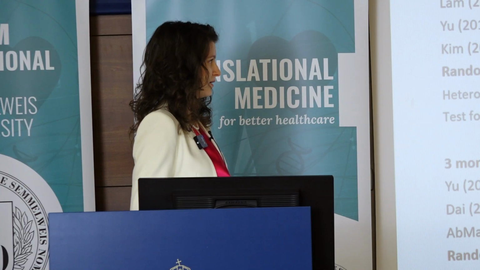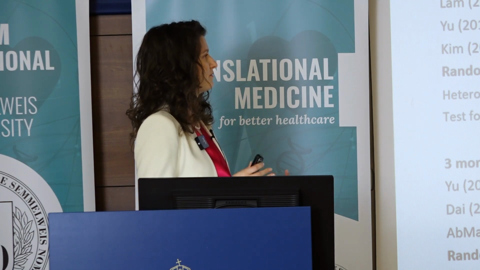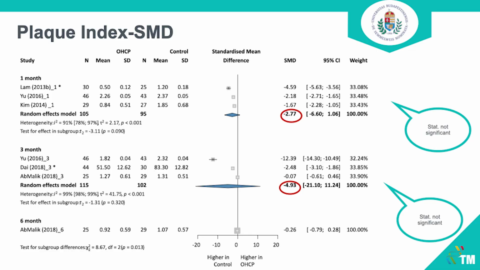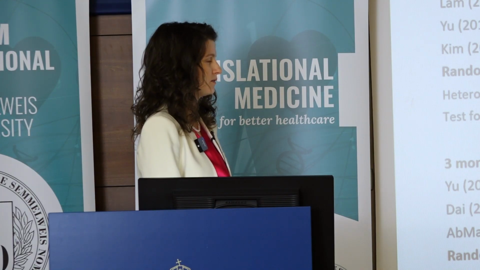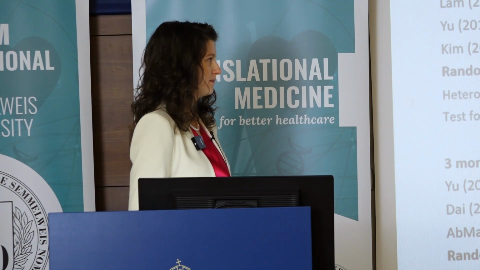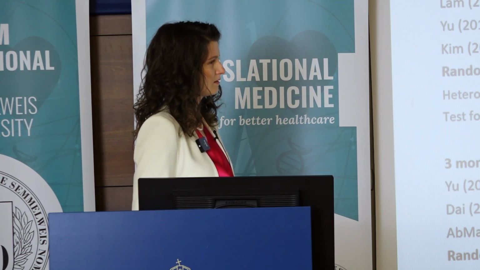Yeah, and what is the meaning of this confidence interval? That the study population, I mean, if we see an average, then the study population is between this minus 6.6 and 1.06. No, the real pooled difference is between these two values.